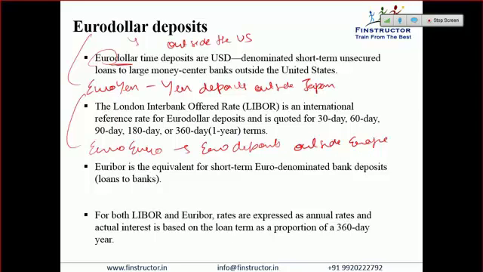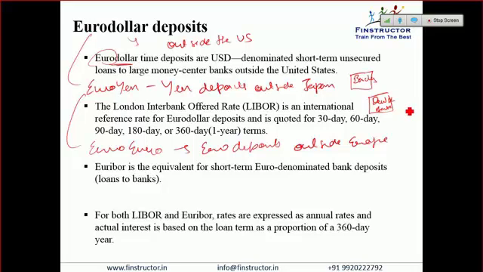So moving back to euro-dollar, that is what we want to understand in more detail. There are USD deposits outside the US, so banks like Barclays, Deutsche Bank, these are all banks that are based outside the US, but they accept dollar deposits.